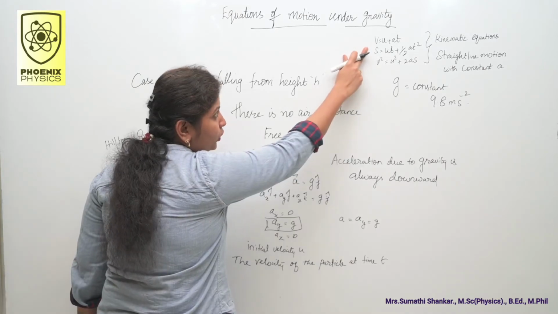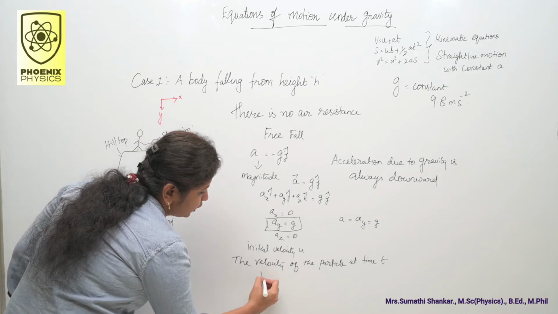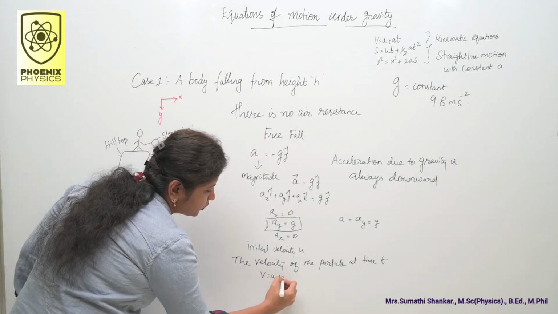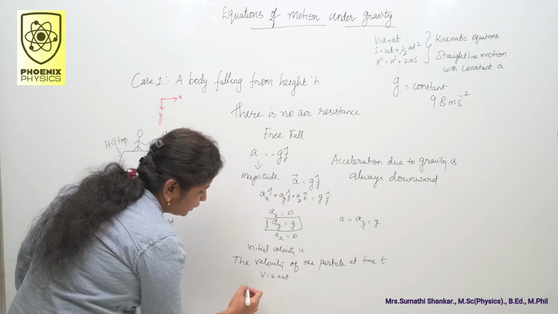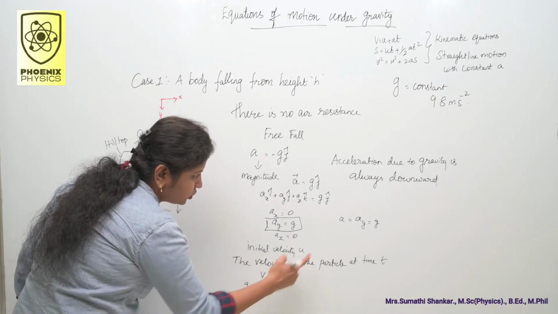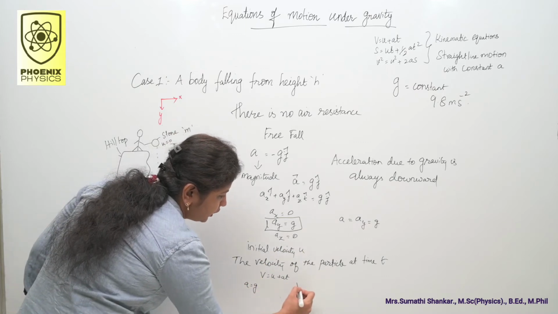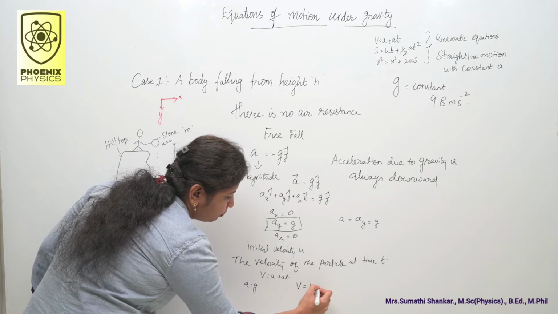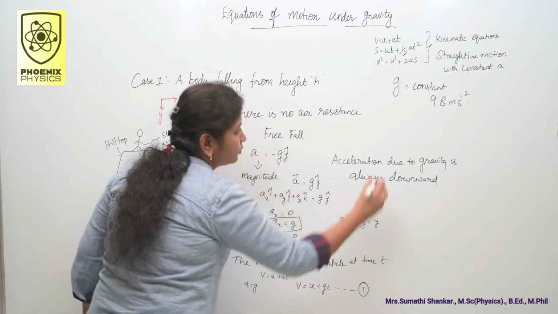Consider the first equation, that is v is equal to u plus at. Here u is the initial velocity. Instead of a, just substitute g. How do you write the first equation? v is equal to u plus gt. This is our first equation.